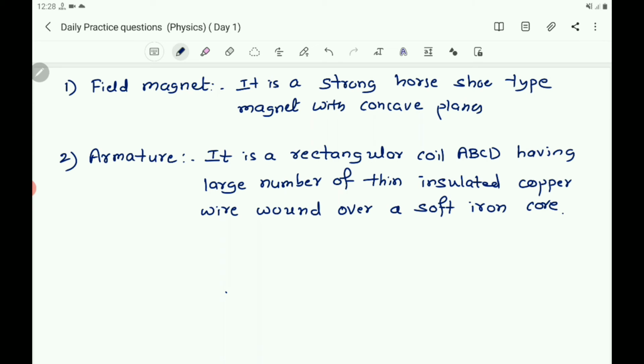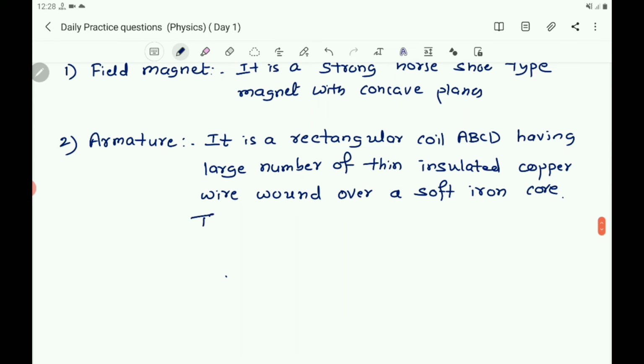The armature is placed between the poles of the field magnet.